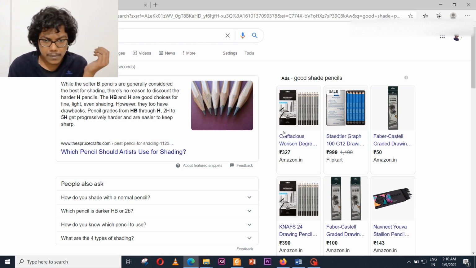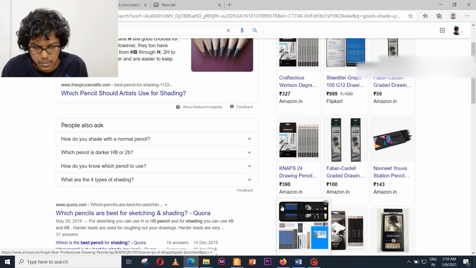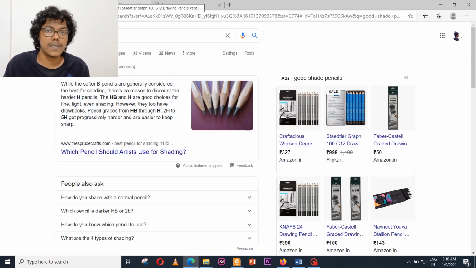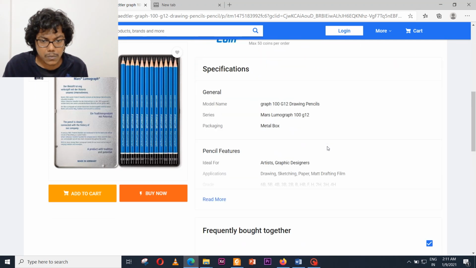So what are the best pencils for CEED exams? I would recommend the Staedtler one. This is what I used, because Upstra Dark is not as dark as I expected. I would suggest this Staedtler one. This is pretty cool.